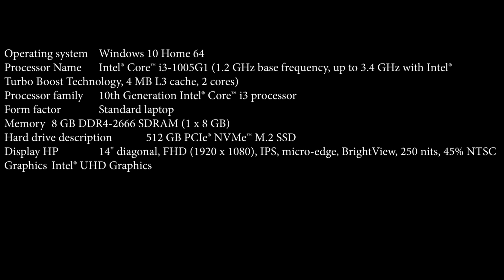Now let's see the specifications. This comes with the operating system Windows 10 Home, which is a 64-bit operating system, and an Intel Core i3 10th generation, with 1.2 gigahertz of base frequency up to 3.4 gigahertz of turbo boost, which is an Intel technology.